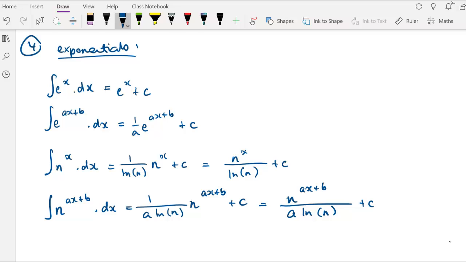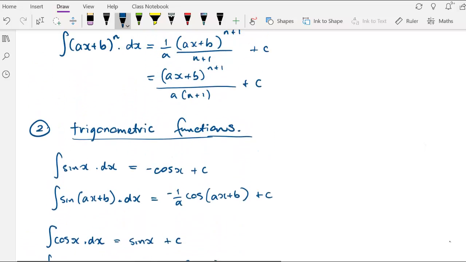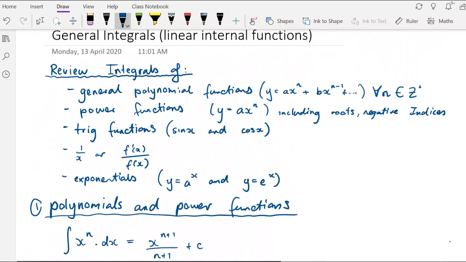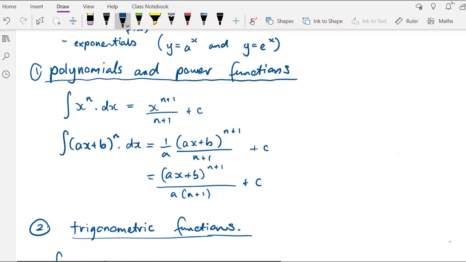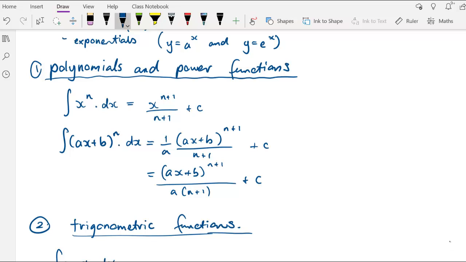Okay, so that's all the general rules we'll need to know. I'm hoping that you can see probably the important ones to remember are the first ones, and then when we apply that linear function in as the internal function, it's always just going to be dividing by the derivative of that function.